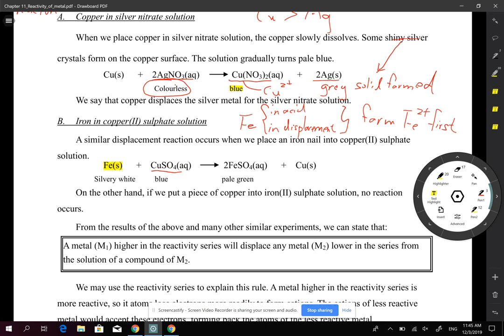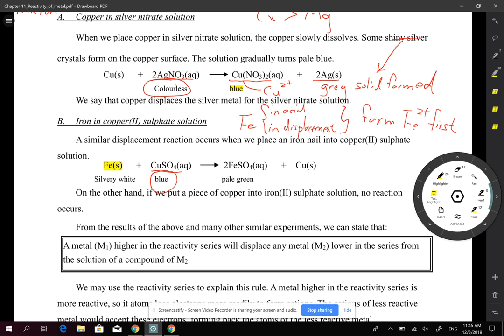Okay? So you can see the Fe becomes Fe2 plus, forming iron 2 sulfate. The copper forms back to copper metal. So it is also a displacement reaction. And can you write down the observable change? The color of the solution turns from blue to what? Originally it contains copper 2 plus ion, so it is blue.